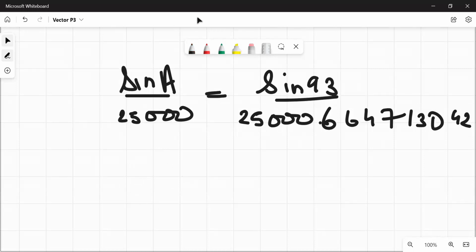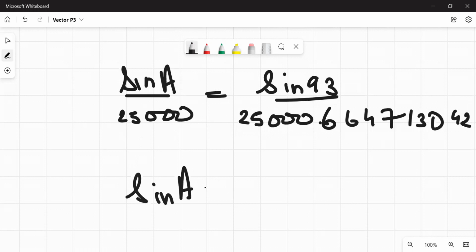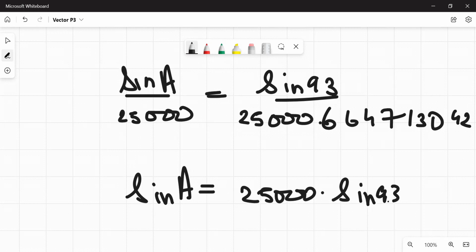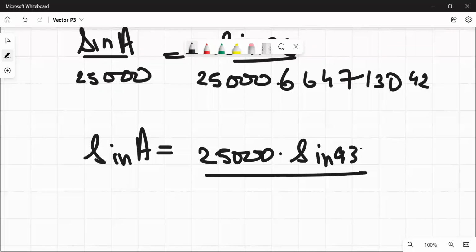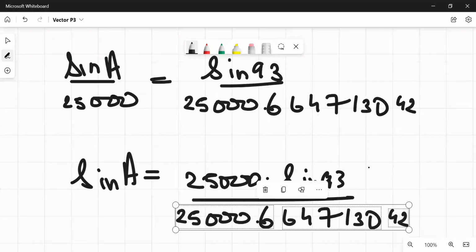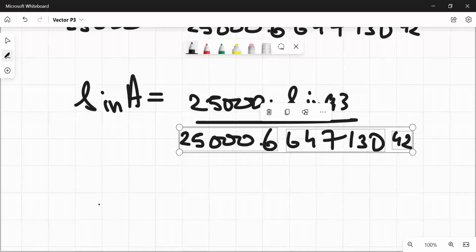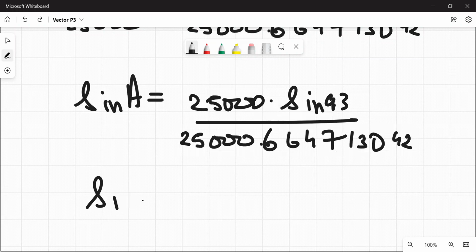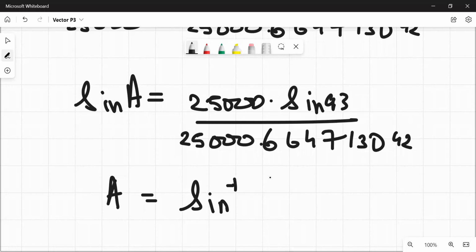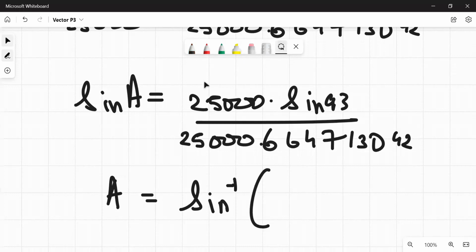So this is going to give us sine of A equals 25,000 times sine of 93 over what we got before, and then we just do inverse sine. That gives us angle A of this whole thing.